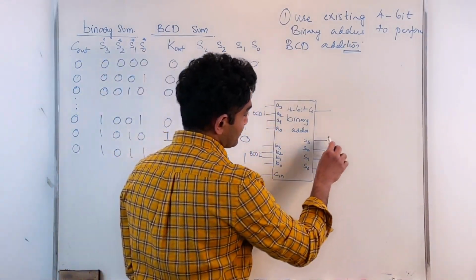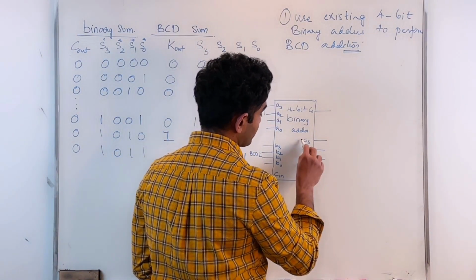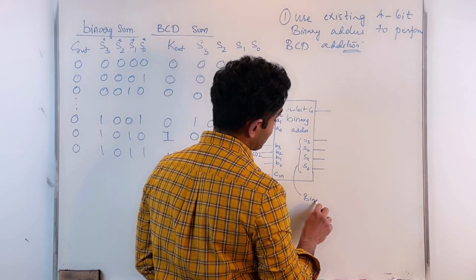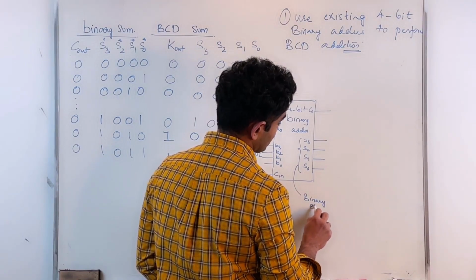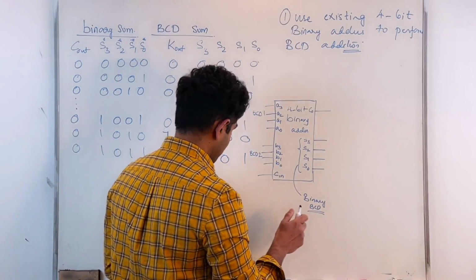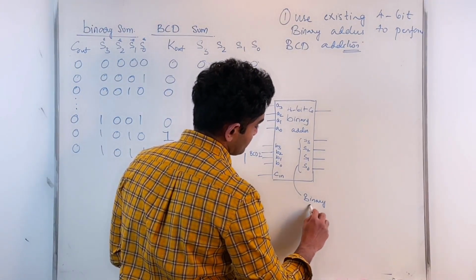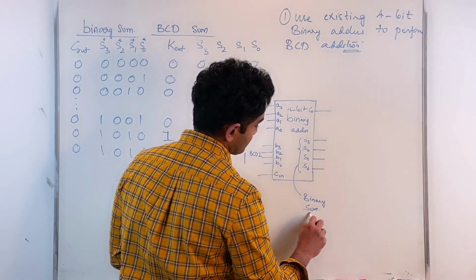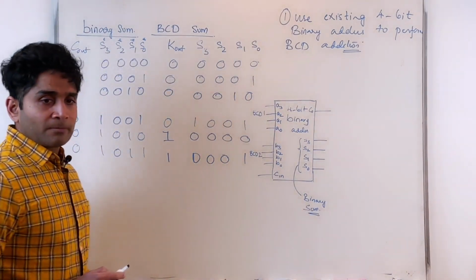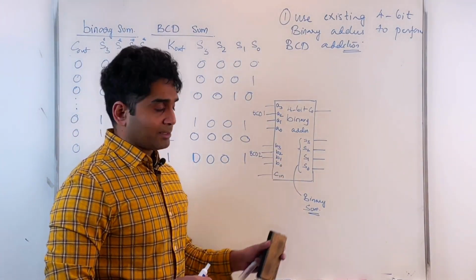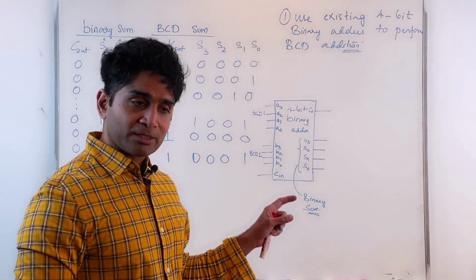Now remember that the sum you're directly getting from the binary adder is the binary sum. It may not be the right BCD sum. And now I need to check if the sum is larger than 9.